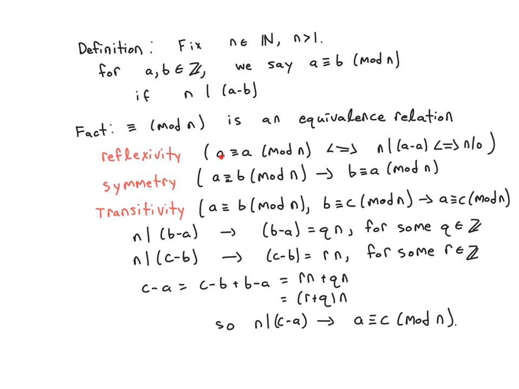So every element is congruent to itself. If a is congruent to b, then b is congruent to a. And if a is congruent to b and b is congruent to c, then a is congruent to c. Notice in all these examples, n is a fixed positive integer. We're only working with one equivalence relation.